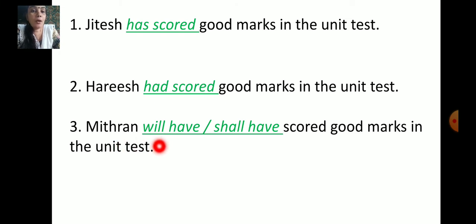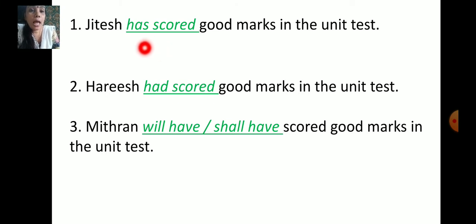Mithran will have or shall have scored good marks in the unit test. Now in the first sentence, the verb has scored indicates the action is over. So therefore, it is known as perfect tense.